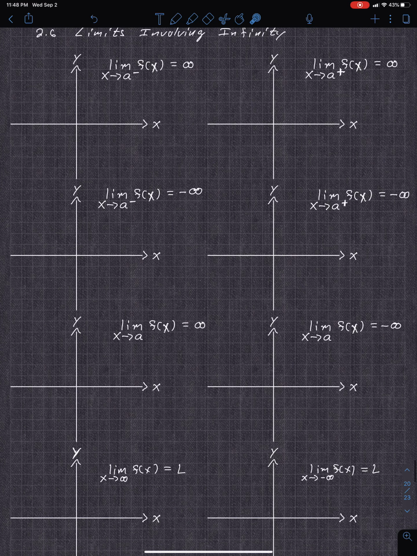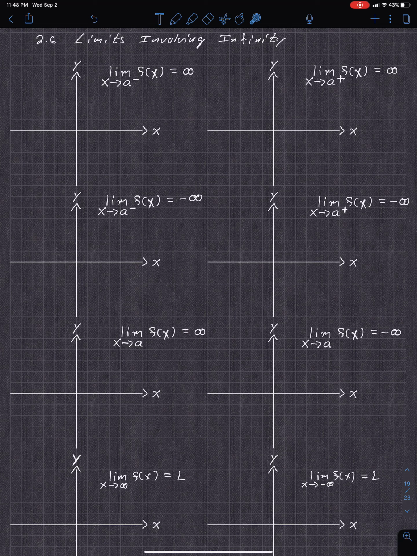So let's go back to the first one. What does this mean? The limit of f of x, a function, as x approaches a is positive infinity. The first 6 here are all vertical asymptotes, and we'll define that later.